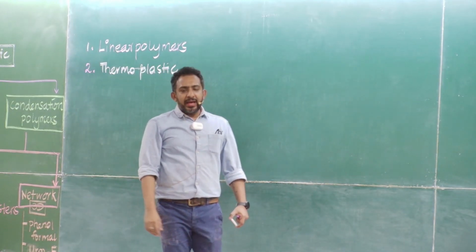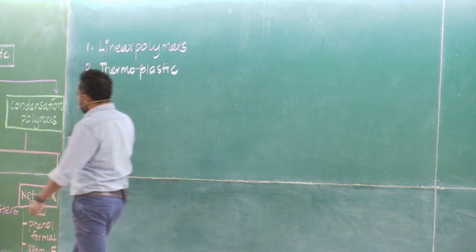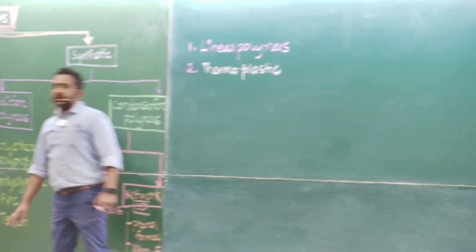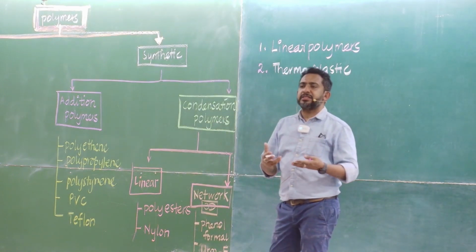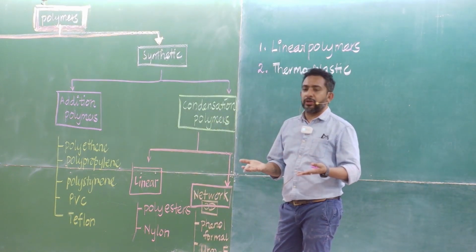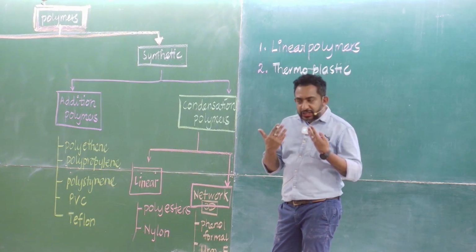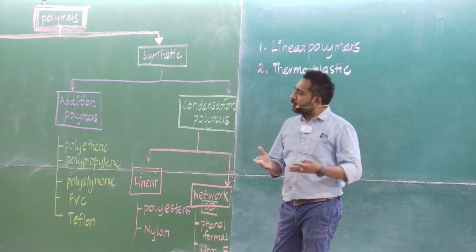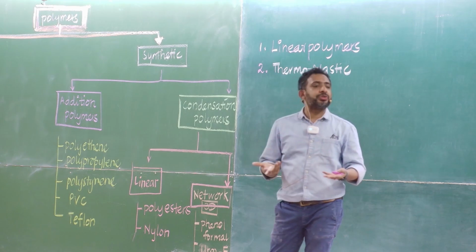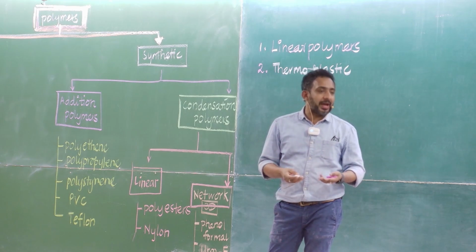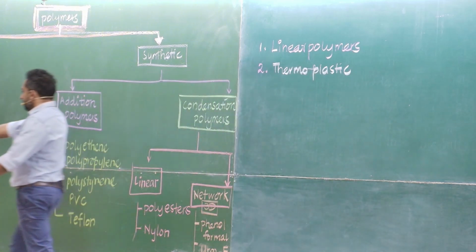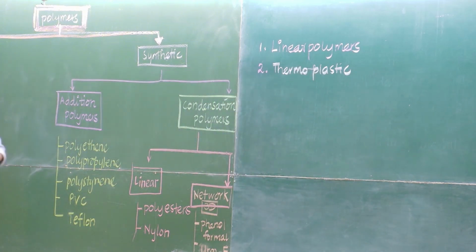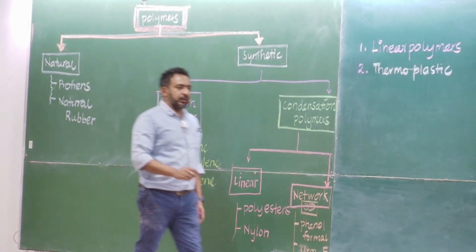So the idea is this: when you make these polymers, by raising the temperature up, you can melt the polymer, change the shape of the polymer, and put it into a completely new shape. That is called thermoplastic. Let us say you have one of those chairs, most probably made out of polypropylene.